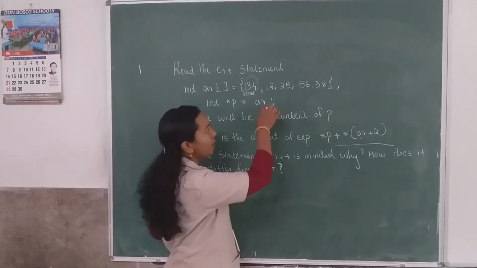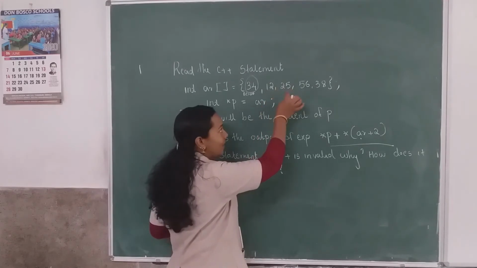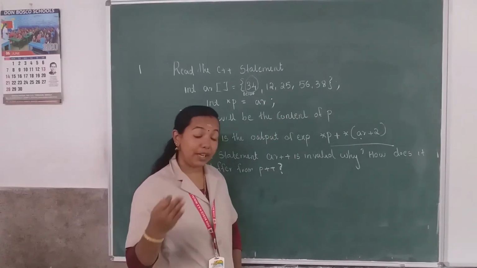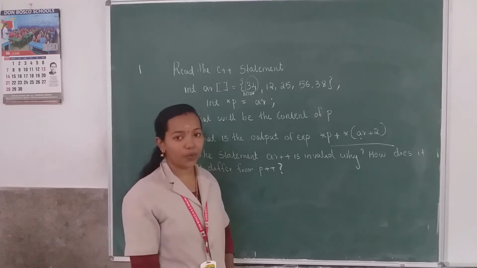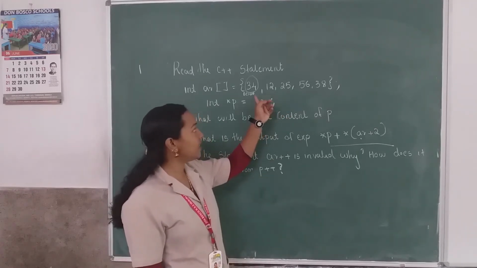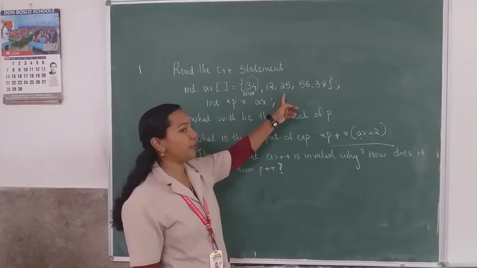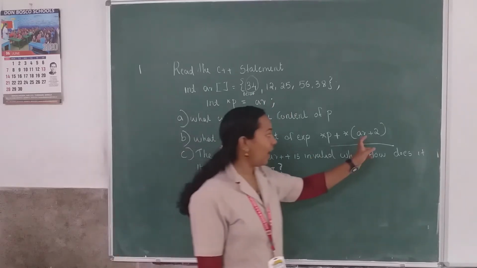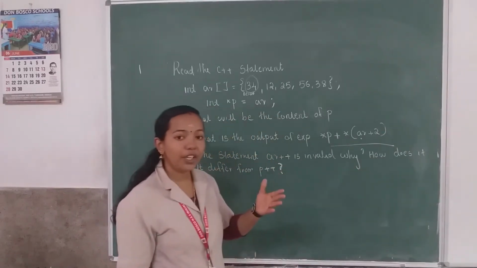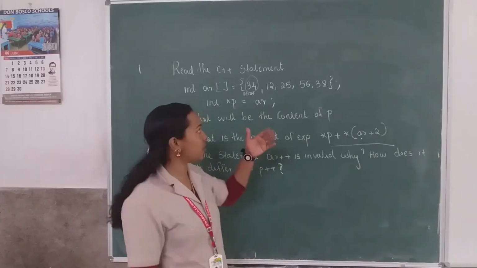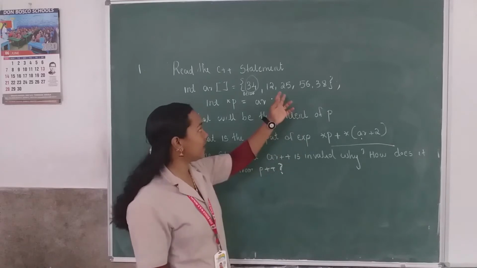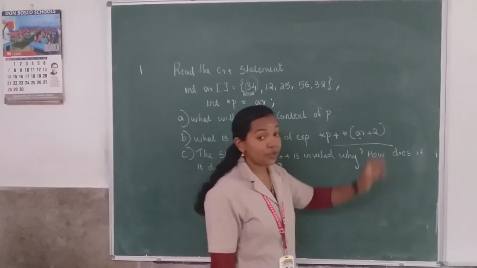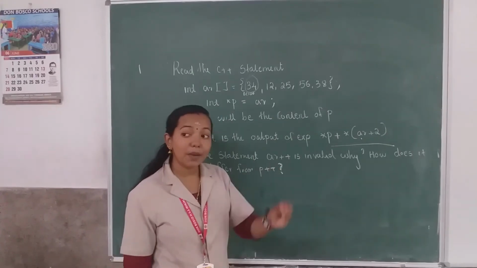If it is incrementing by 1, it will point to 12. Then after that, 25. So it is moving 2 elements forward, so instead of the base address, 12, 25, the value should be 25. AR + 2 is pointing not to the next location but 2 locations forward.